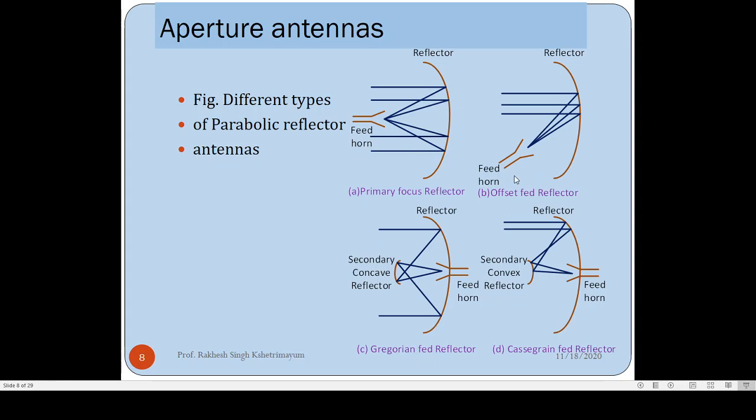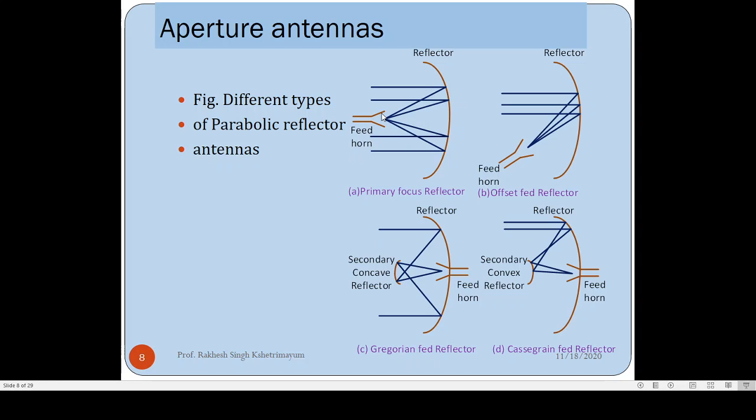In the second case, instead of keeping this feed horn antenna at the focal point, it has been offset from the focal point. That is because, let's say you keep this feed horn antenna at the focal point, some of the rays, for example this ray which goes from the feed horn antenna, will get reflected, but it will be blocked by the feed horn antenna.